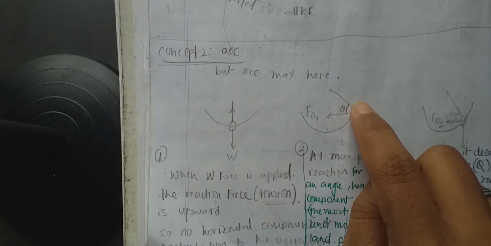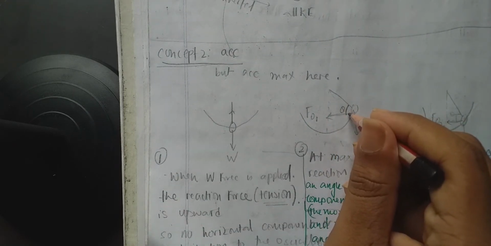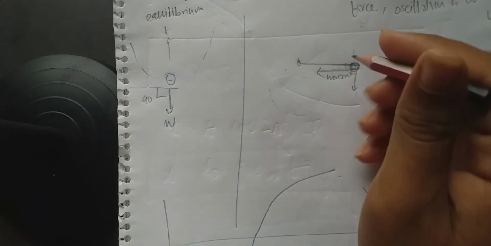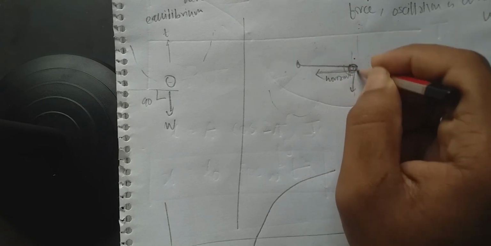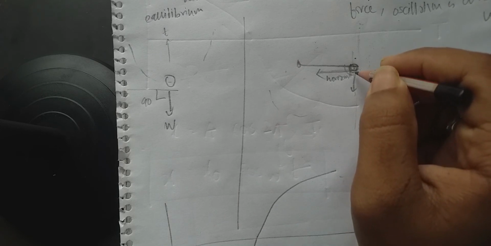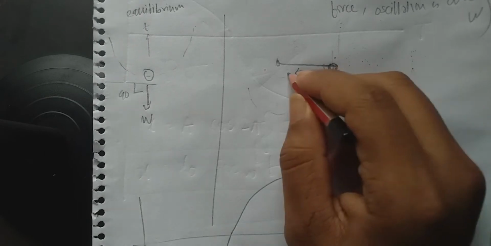So at the maximum, this is the horizontal component, and this is the pendulum. You took it at the maximum place, at the maximum point, so it is of maximum displacement. So this is W, and this is the horizontal component.